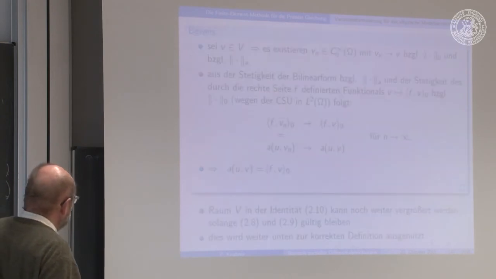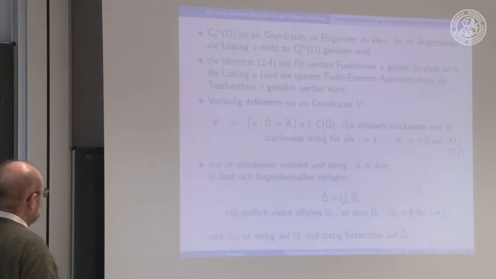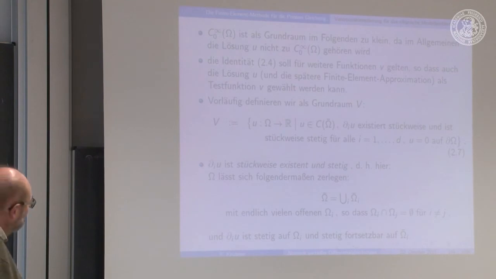The only way I can do this is to go back to my definition of V. I skipped something here, namely I have to put the boundary conditions in the space V. And this is also what I need in the partial integration step to get rid of the boundary terms. So with the requirement that all elements of this space V have to be 0 on the boundary. At the moment, that has a clear meaning, because I say it should be a continuous function up to the boundary.